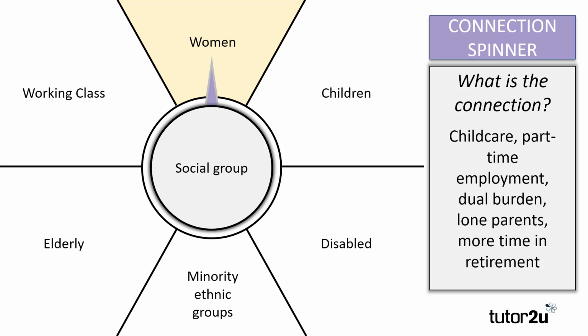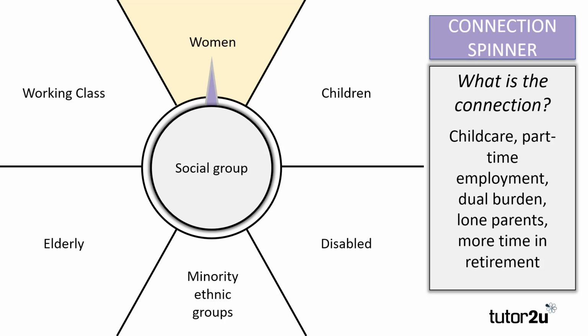Women are more likely to have responsibility for children in a breakdown of a marriage, and more likely to be lone parents. And women are more likely to retire earlier than males and live longer lives, which means they spend more time in old age and therefore are more likely to experience poverty.